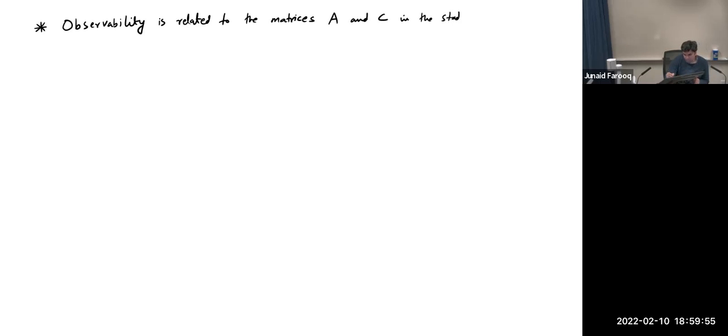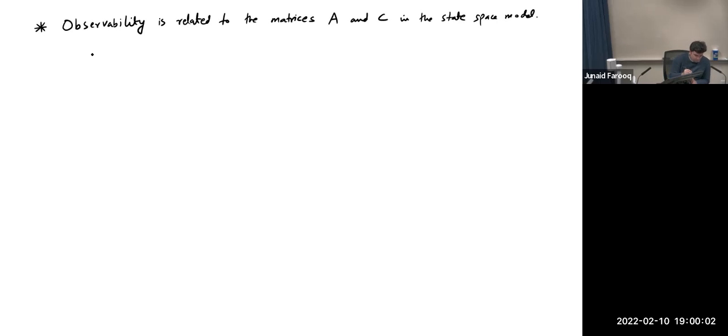Now, how do we determine if a system is observable or not? So that's related to the matrices A and C in an LTI system or a state space system. So observability is related to the matrices A and C in the state space model.